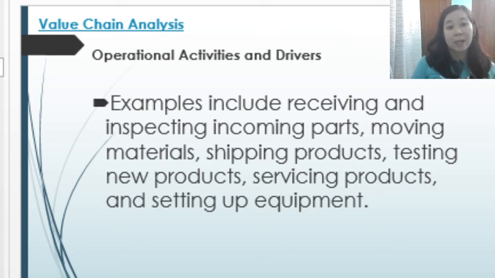Examples of operational activities include receiving and inspecting incoming parts, which will be used as an input for processing, moving the materials, shipping the products, testing new products, servicing the products, and setting up the equipment.